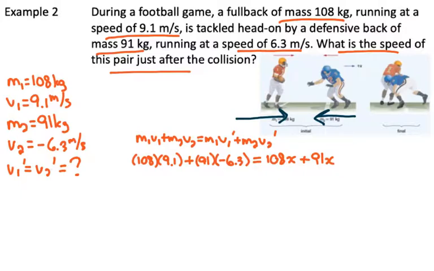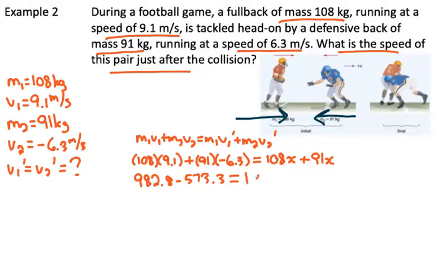Going and calculating, on the left, 108 times 9.1 is 982.8. 91 times negative 6.3 is negative 573.3. And the reason we called V1 prime and V2 prime both X is so that we can solve for it and get down to one single variable.